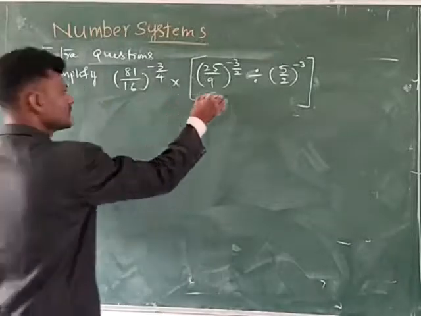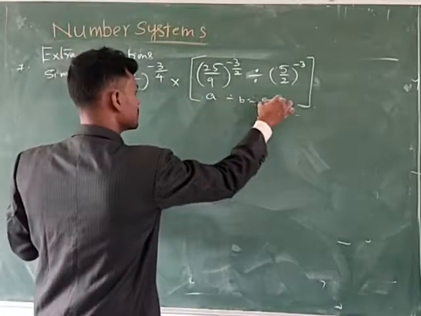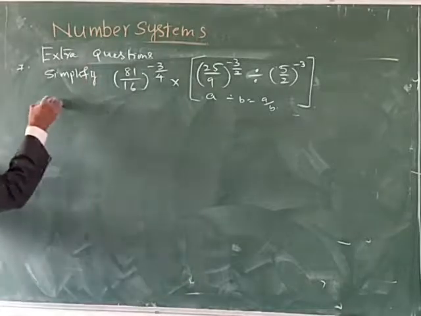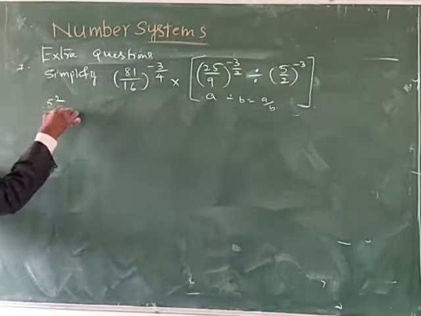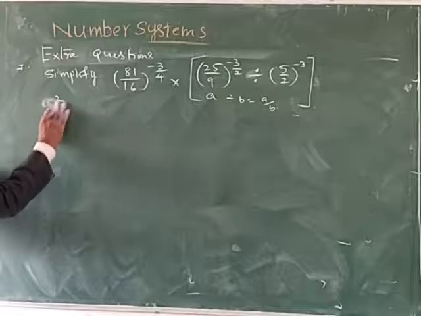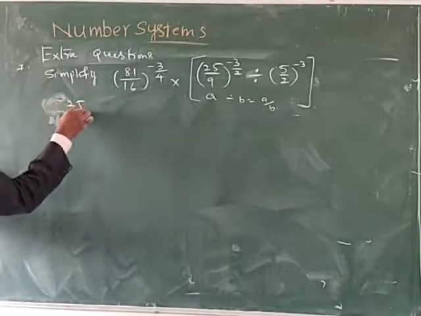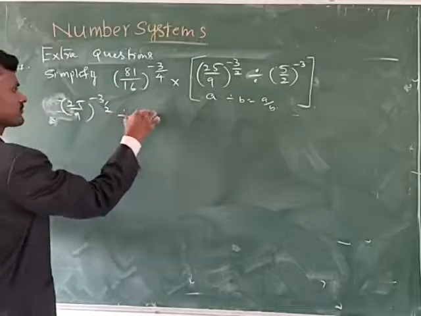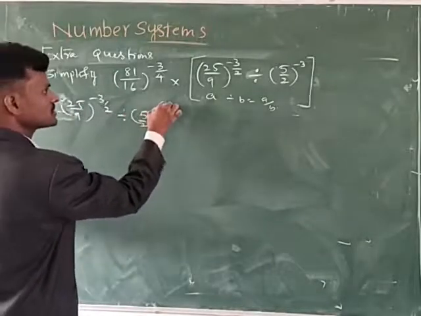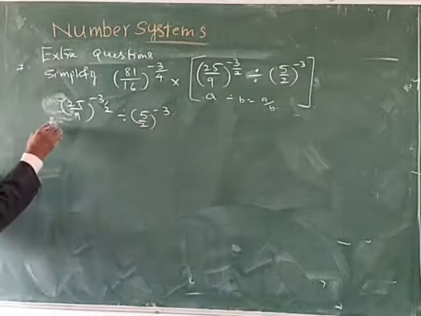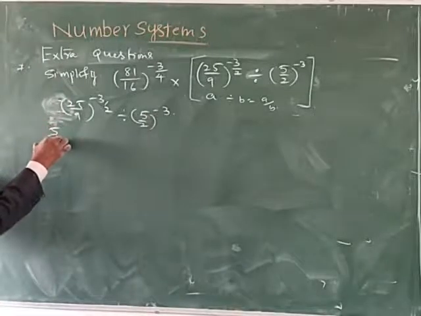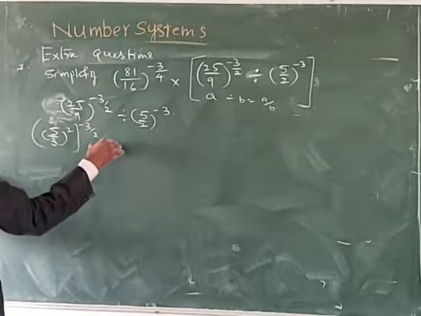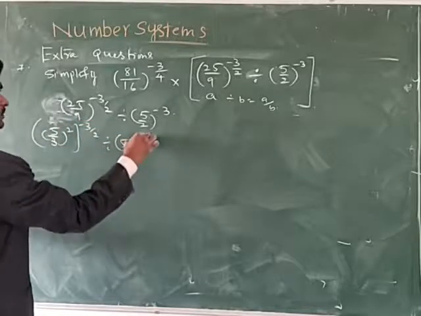Here this is 25 by 9 whole power minus 3 by 2 divided by 5 by 2 whole power minus 3. Now 25 by 9 is written as 5 by 3 whole square, whole power minus 3 by 2, divided by 5 by 2 whole power minus 3.